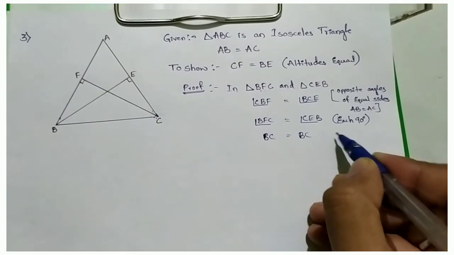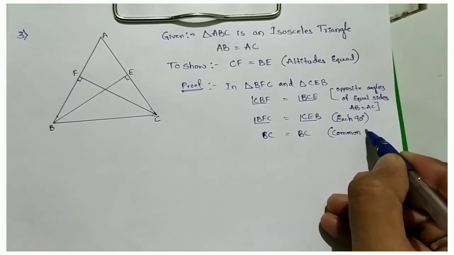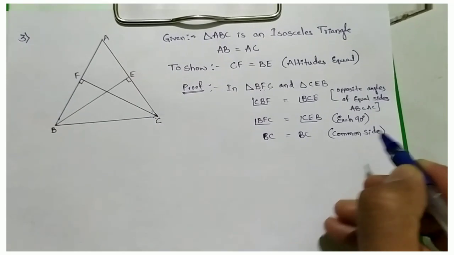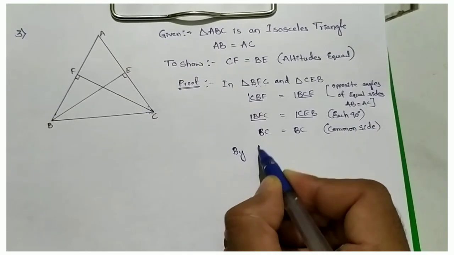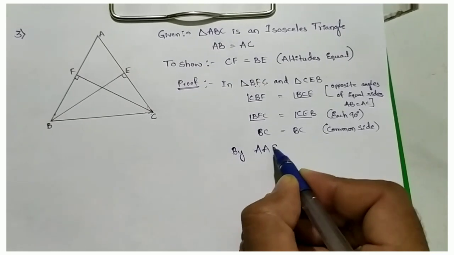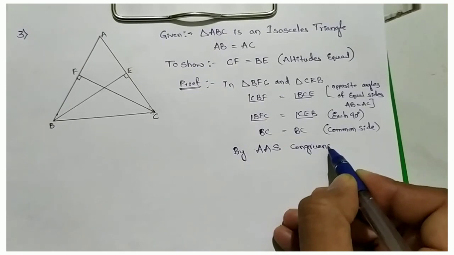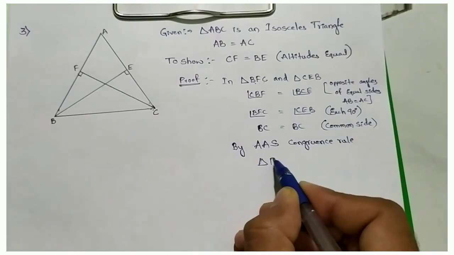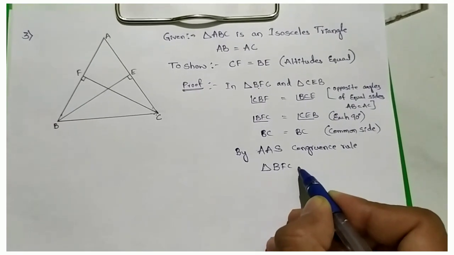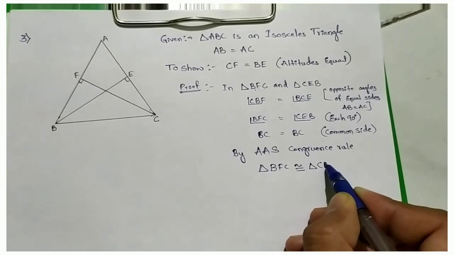What is that? Common side, or you can say common base also. So by angle angle side congruence rule, triangle BFC is congruent to triangle CEB.